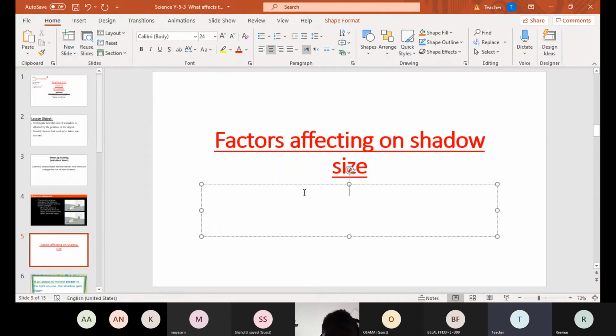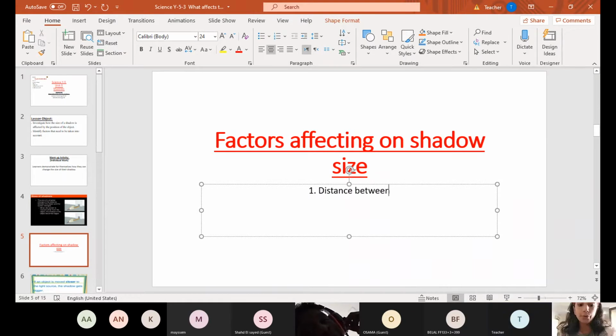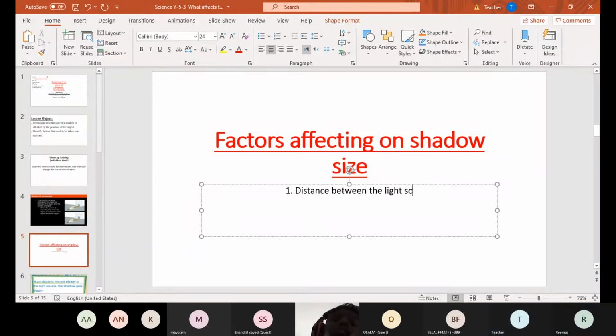Now, number one. Number one is the distance between the light source and the object.